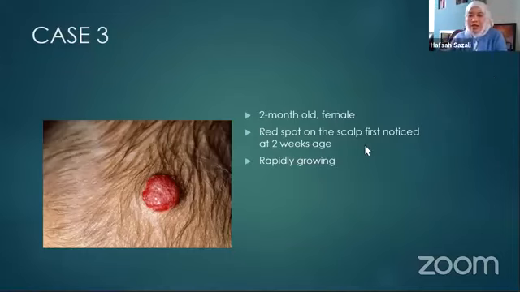Okay. I think it's very important to assess where the site is, if there's any ulceration, and if it's affecting the function of the baby, in terms of eating, vision. So these are among the factors that we take into account before deciding if the patient needs propranolol or not. This is actually quite a subspecialized area.